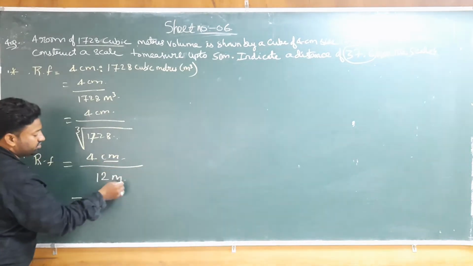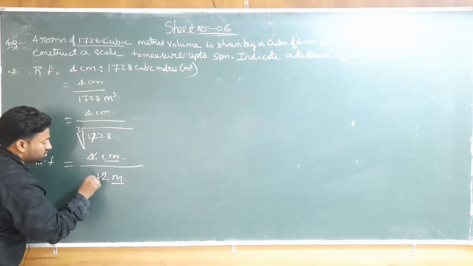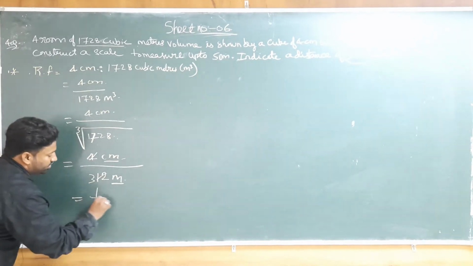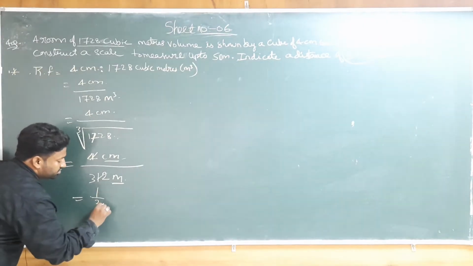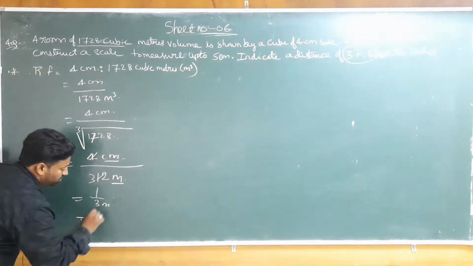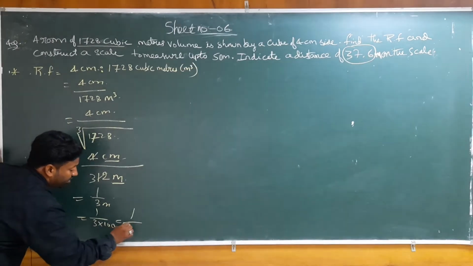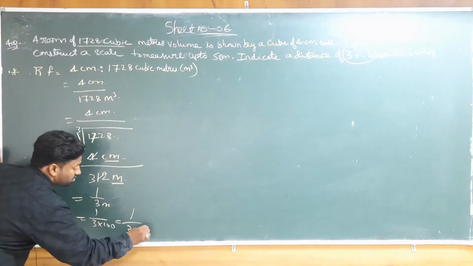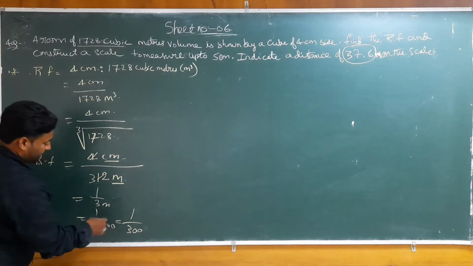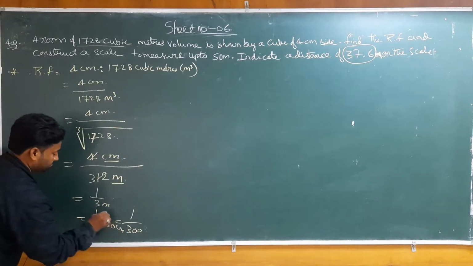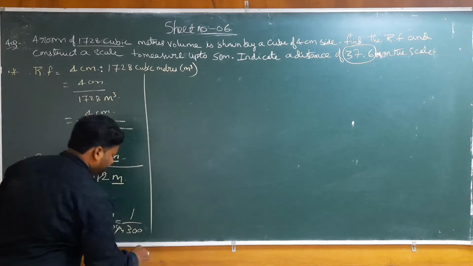This is in centimeter and this is in meters. So if we divide that, 4 by 12 becomes 1 by 3 meters, that is equal to 1 divided by 3 into 100, that is equal to 1 divided by 300. Centimeter will get cancelled. So this is the RF.